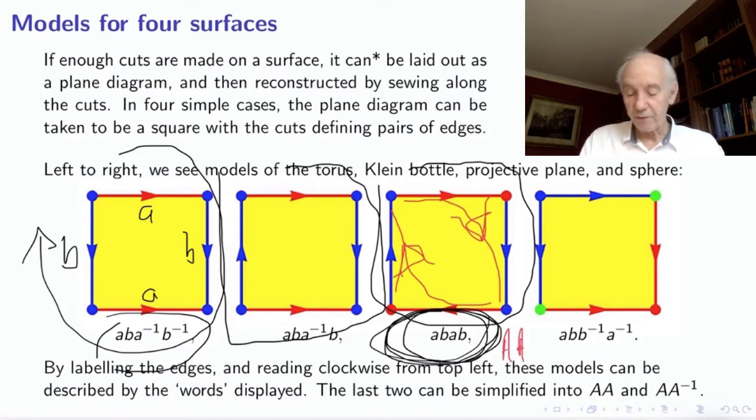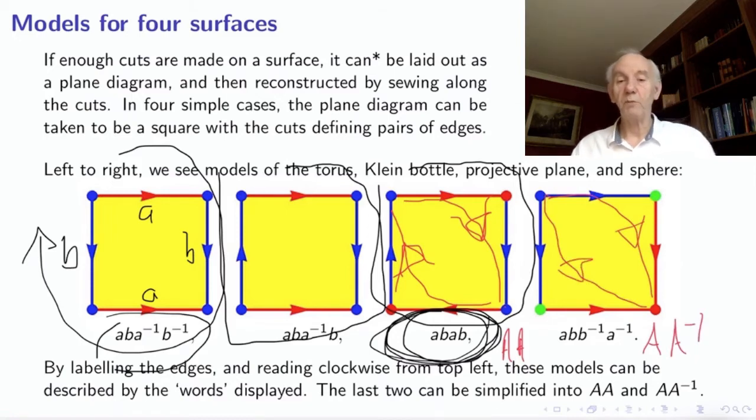Whereas the sphere, I could write as A, A inverse if I use the single arrows as I did before, so one would be clockwise and one would be anti-clockwise. Okay, so that's the idea of what we're going to do, but in a more complicated fashion, because in a day or two we're going to start looking at polygons.